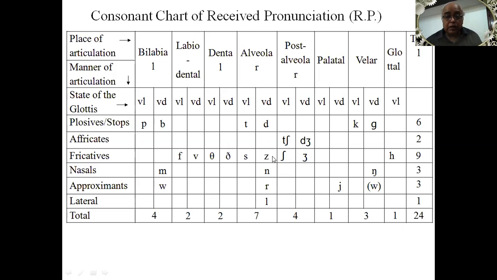Now in these cases, mainly the fricatives, you might find a slight change. In some books you might find cha, ja, sha, zha in the palato-alveolar section.